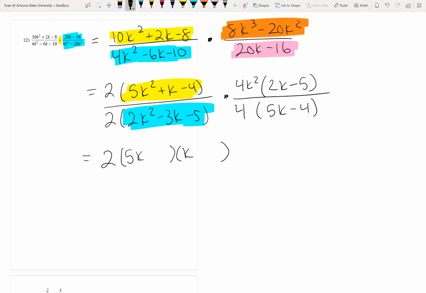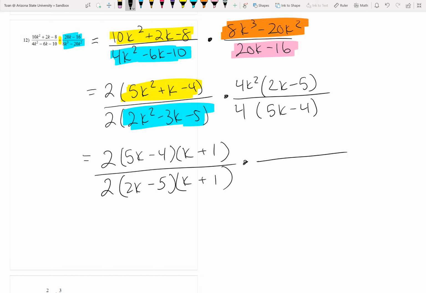We should be a little bit better at it by now. So that's going to be a plus 1 over here and a minus 4 there. I'm going to factor the trinomial in the denominator, 2k and k. So let's see, 5 and 1, so it's going to be a plus 1 over here and a minus 5 over here. And then the second fraction, I didn't highlight anything, so I'm just going to copy everything down.